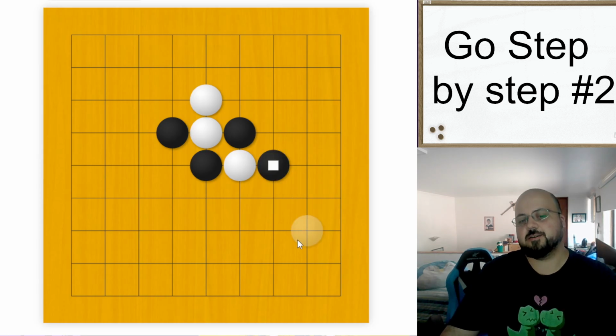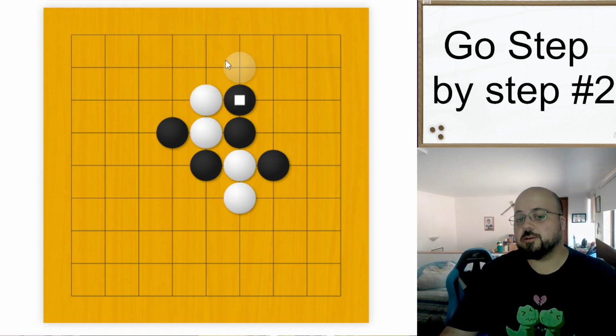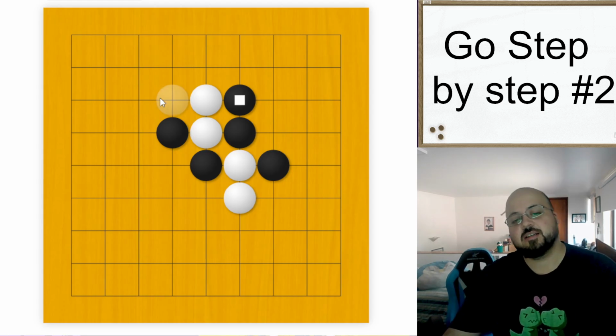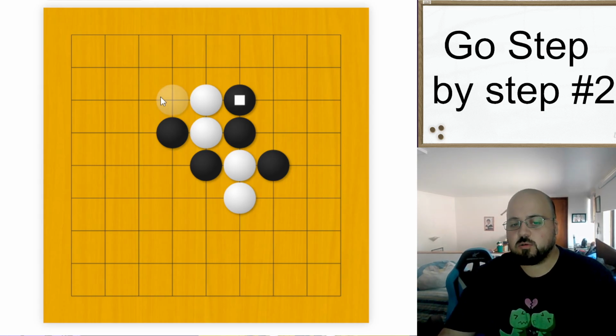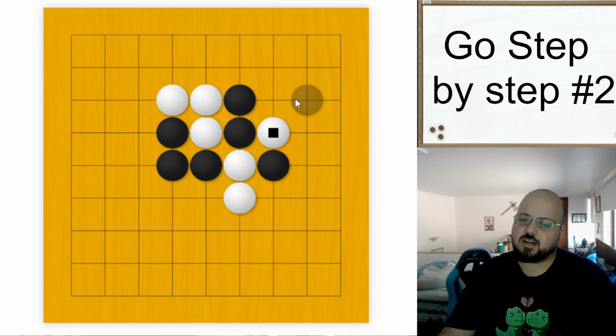Dax makes this Atari. White has only one liberty, so he will extend. I play here. White has two liberties, so he has to either attack or protect. He will protect and I will protect. Now there are few liberties everywhere. Let's say white cuts.